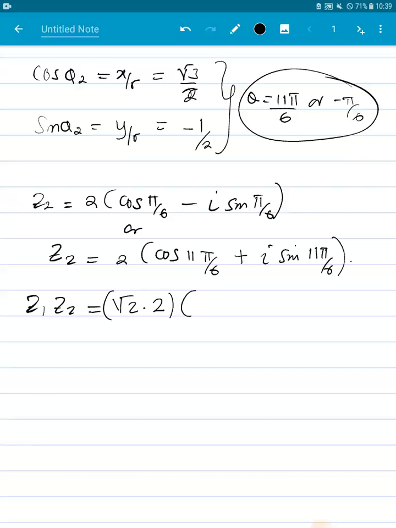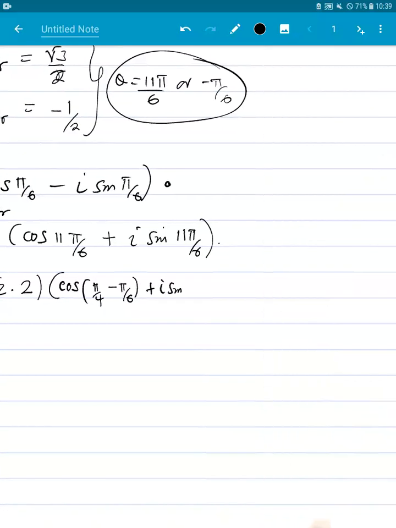So this will be equal to cos of the first one, pi over 4, minus pi over 6. I'm doing this one and the first one. Why am I putting a negative despite this one being positive? It was negative in the first place. And then plus i sine, and I'm still using pi over 4 minus pi over 6.